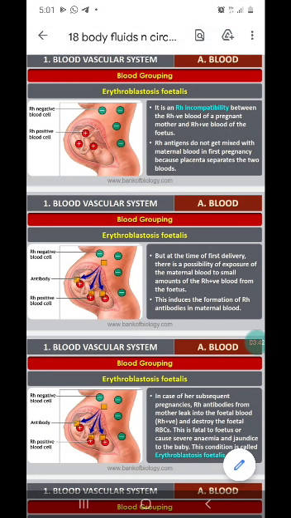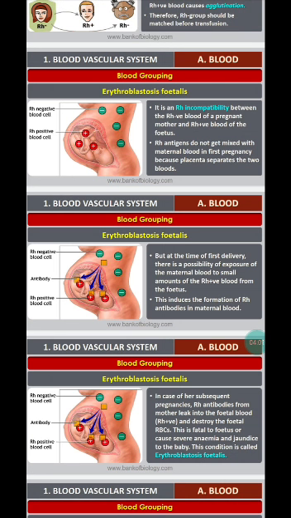So for mothers with this Rh incompatibility between the mother and the child, it is solved by administering anti-Rh antibodies to the mother immediately after the first delivery, so that nothing happens to the child in the subsequent delivery.